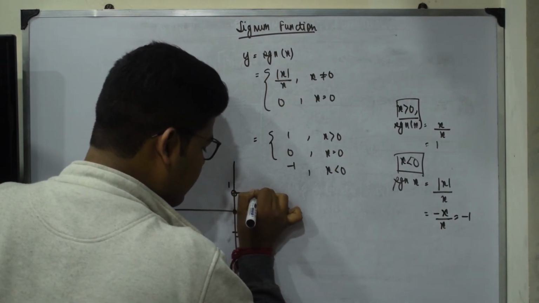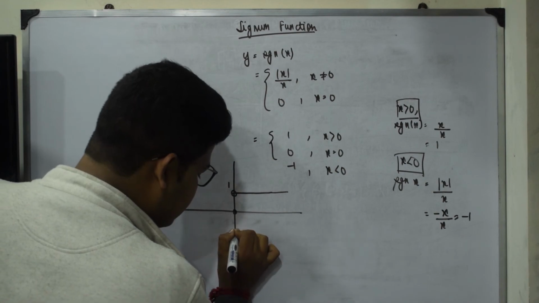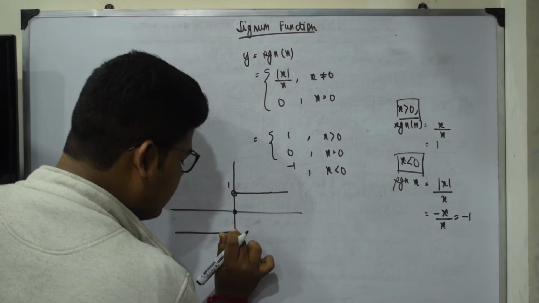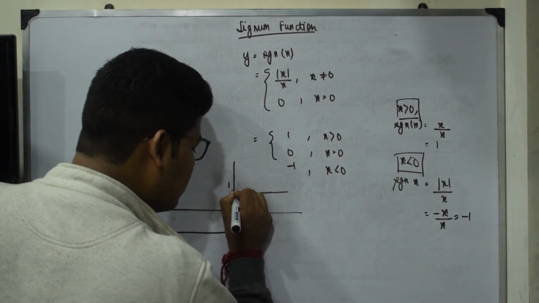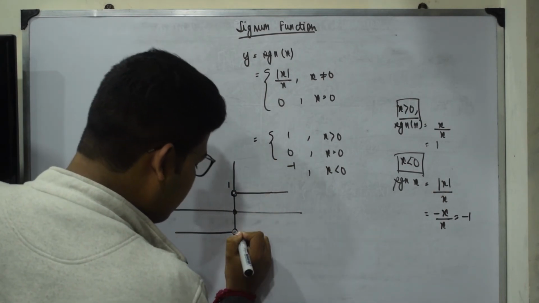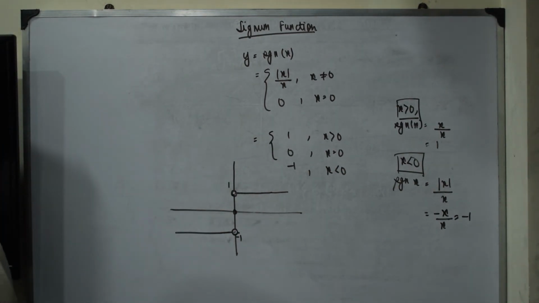So it would be open at 1 and it will be going like this. And for x less than 0, it's always minus 1. So open at minus 1 and going backwards. These are open. This is the graph of the signum function, signum x.